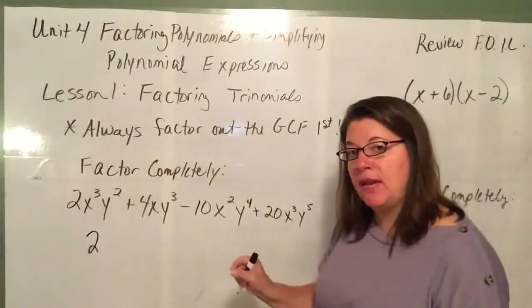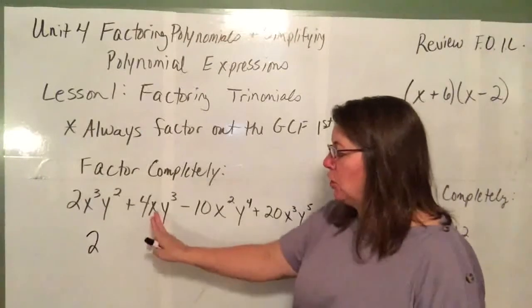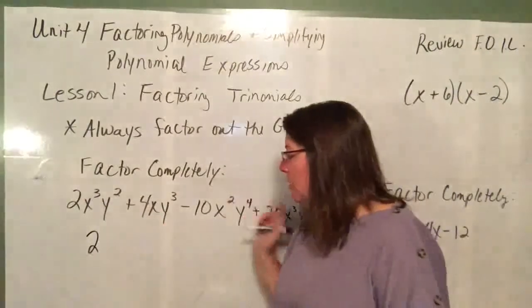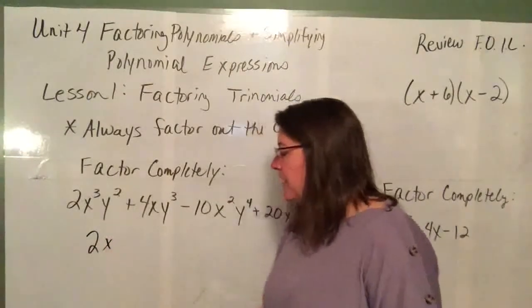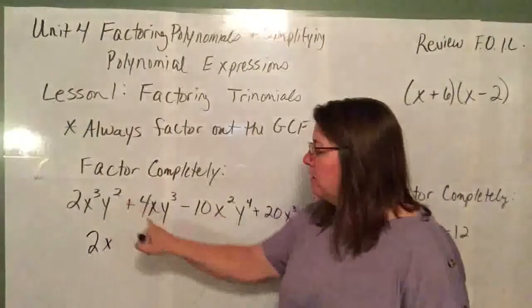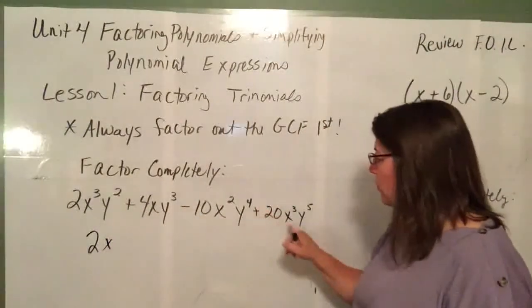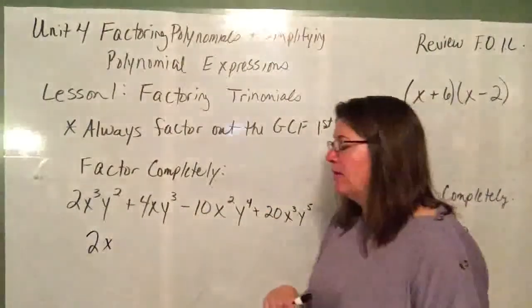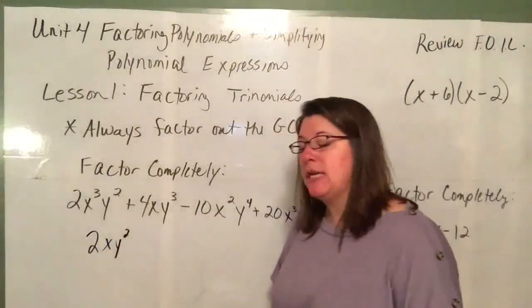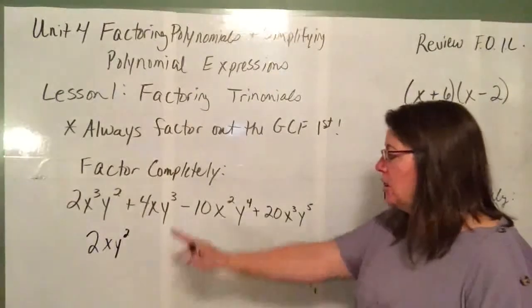So the least number of x's in a term is x, and we're allowed to take 1 x out of every one of those terms to simplify the polynomial. Then if you look at the y's, we've got y squared, y cubed, y to the 4th, y to the 5th. The smallest power of the y's is 2, y squared. So we know we can take a y squared out of each of those terms.